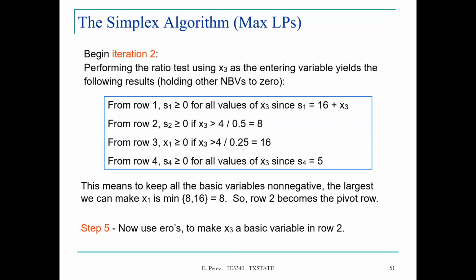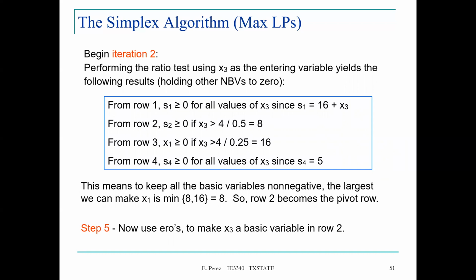From row 4, s4 is greater or equal to 0 for all values of x3, since s4 is equal to 5. This means that to keep all the basic variables non-negative, the largest we can make x3 is the minimum between 8 and 16, which is equal to 8. So row 2 becomes the pivot row.